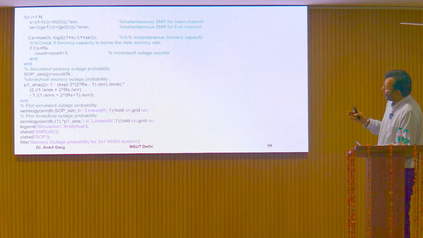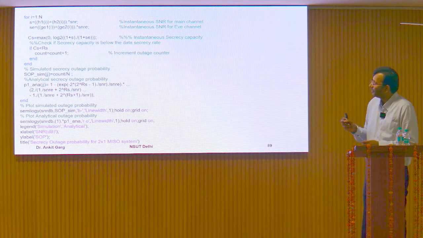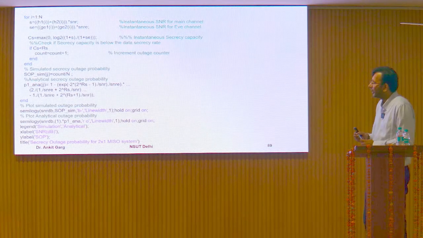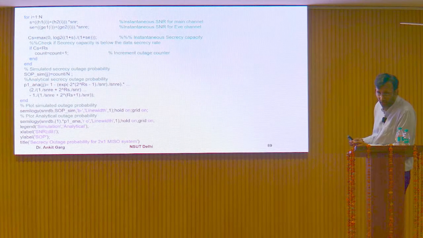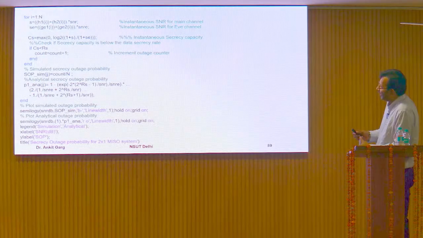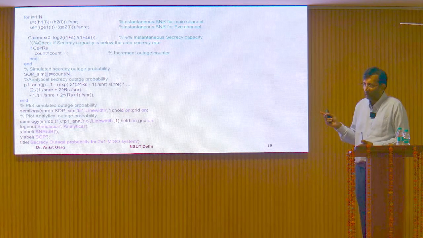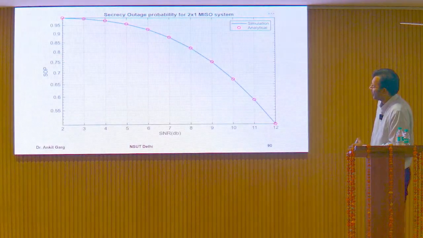Then we need to find out how many times CS becomes less than RS for the secrecy outage probability, right? RS represents the targeted secrecy rate. Then we have an analytical expression. This analytical expression is related to the system model I have shown you, right? So these two are also matching with each other.